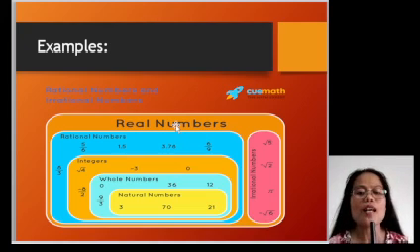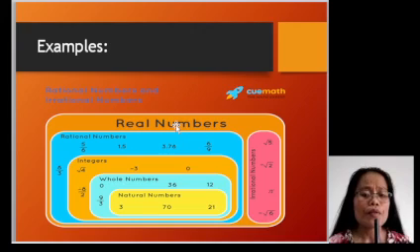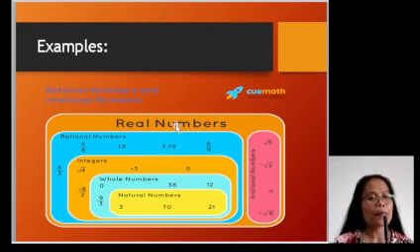Or those numbers that can be expressed as fractions, like the repeating, non-terminating decimals.